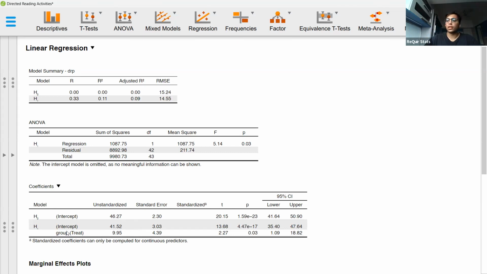In regression analysis, this is a factor variable, the group or categorical variable, and it has two classes: a treatment class and a control class. The control class has been taken as the reference class. A reference class essentially means the level of this factor variable to which all the other levels are being compared.